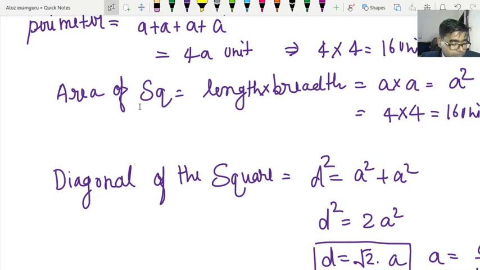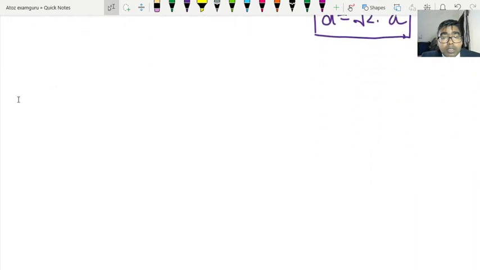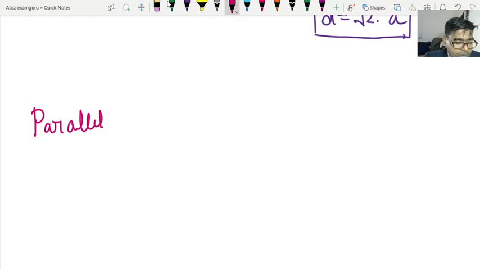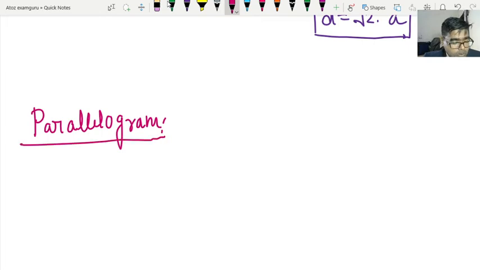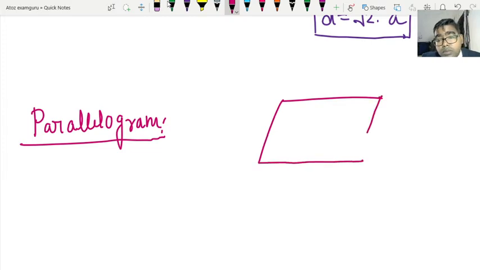Now the next figure is the parallelogram. For a parallelogram, the figure looks like this.